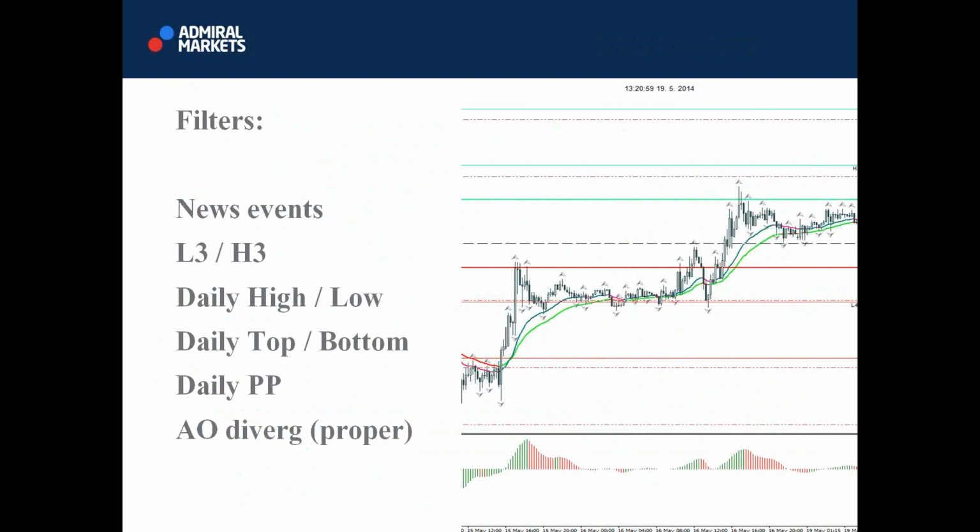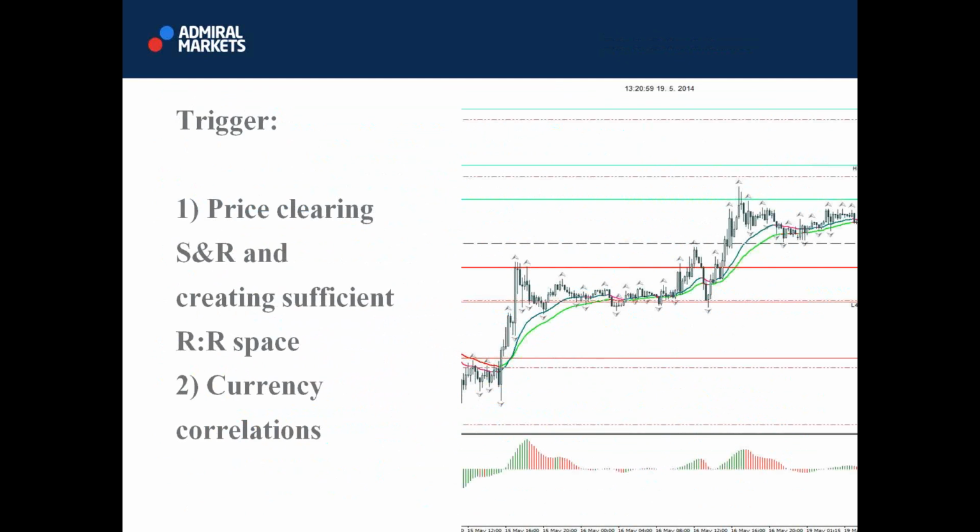Filters could be levels like not enough space till major support and resistances, like for instance daily tops and bottoms, pivot points, the highs and lows, etc. Also, news and divergence could be, of course, in play for a filter.